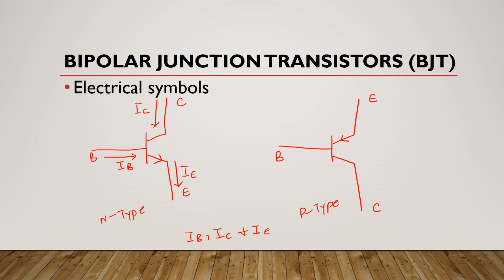Now here in this P-type BJT, current IE flows in this direction, and this is the direction of current IB, and this is the direction of current IC. So these are the electrical symbols of N-type and P-type bipolar junction transistors.